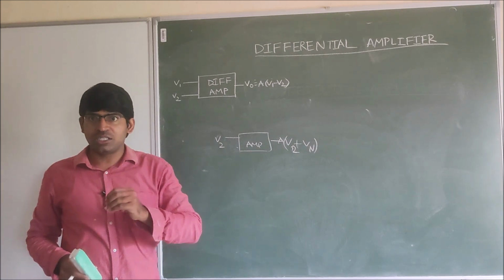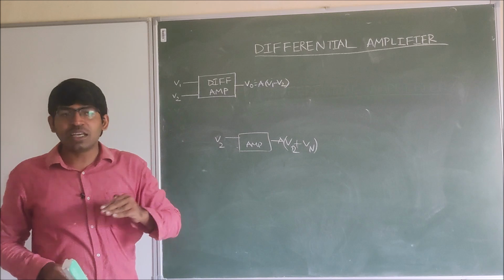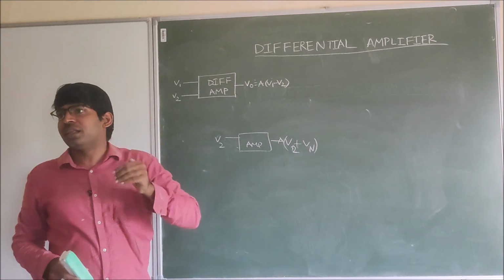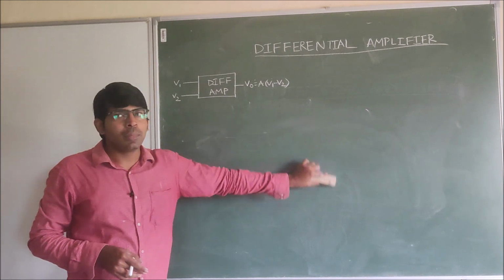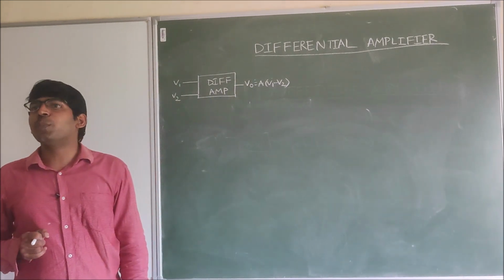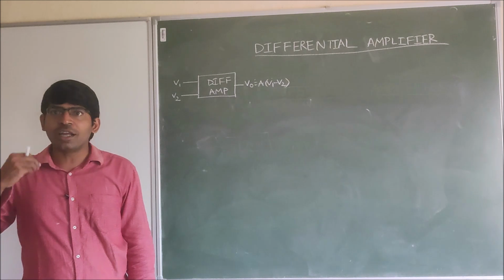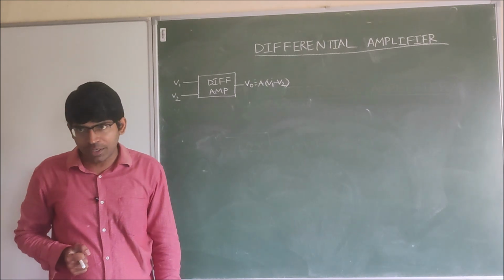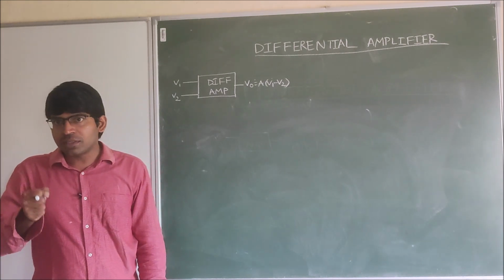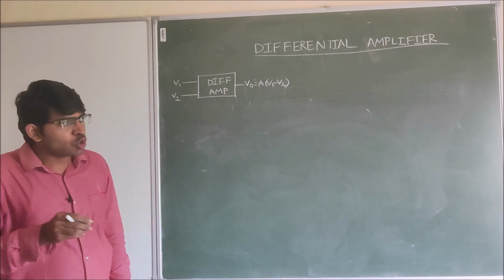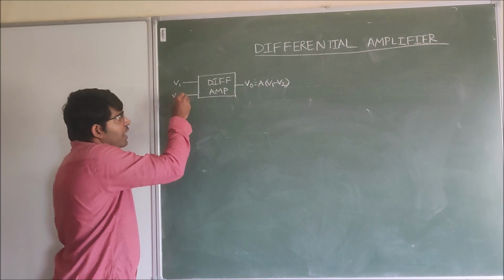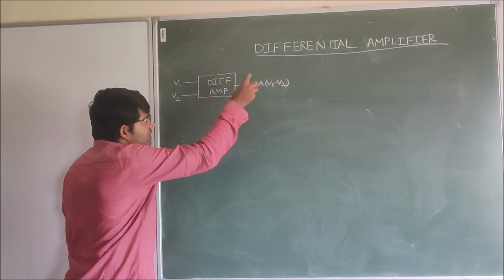That is our intention, that the common signal will be eliminated. But in reality, the common signal will not be eliminated. Even though we attempt to eliminate it, the common signal is not getting eliminated. So here we are expecting the differential gain.